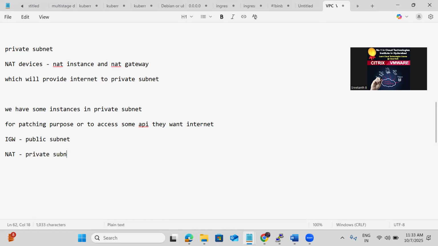Is it correct or wrong? The second statement is wrong, because even if you don't attach a NAT gateway, by default it is private itself. But for patching or when internet is required for APIs, that is the purpose we require a NAT gateway. I hope you got it right.